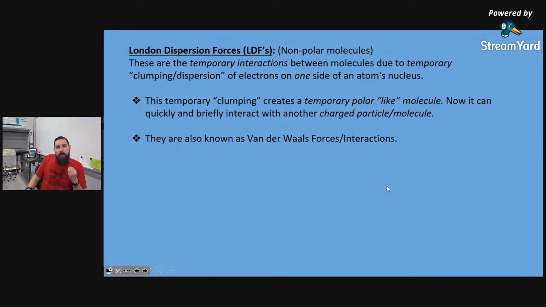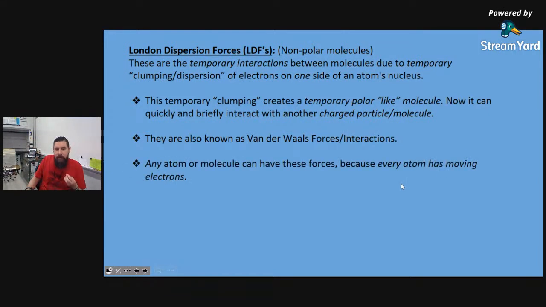Other thing, London dispersion forces are also referred to as van der Waals forces or van der Waals interactions. So if you take biochemistry and you study enzymes, you'll talk about London dispersion forces or van der Waals interactions. Other key thing, any atom or molecule can have these types of forces because every single atom or molecule has moving electrons.